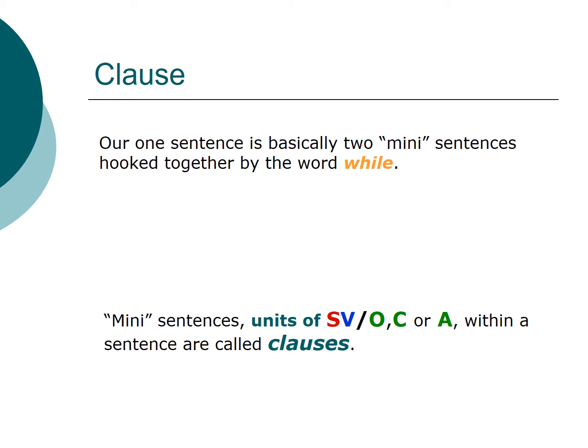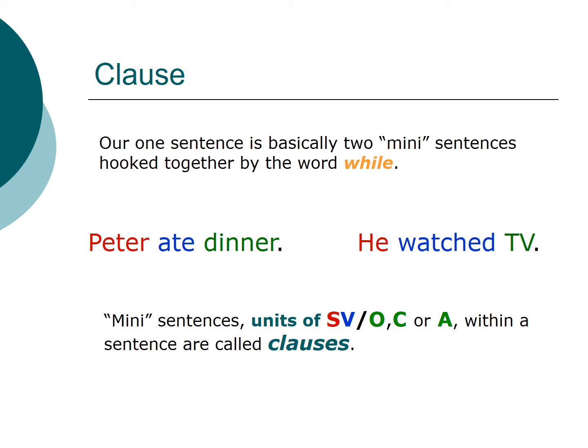So what do you think about this? Our one sentence is basically two mini sentences held together by the word while. So, Peter ate dinner while he watched TV. Mini sentences, units of SV, meaning subject, verb, object, complement, or adverbial, within a sentence are called clauses.